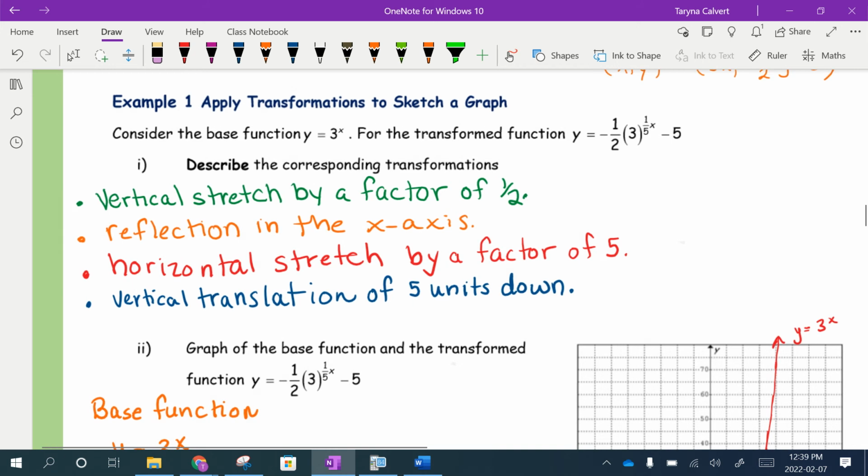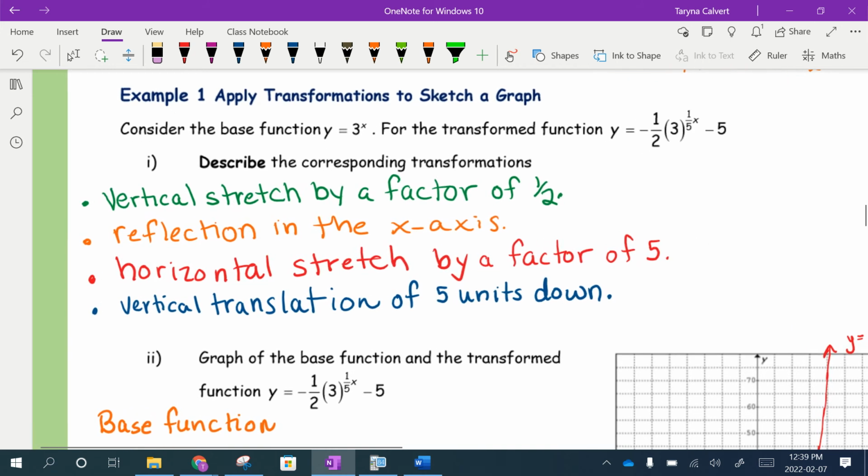I'm not going to read through every question, guys, but since this is the first one: everything in the exponent up here, the 1/5 x, is what happens to the x variable. That's all my horizontal stuff. That's why I know there's a horizontal stretch by a factor of 5, because it's opposite, you reciprocate it. There's a vertical stretch by a factor of 1/2.